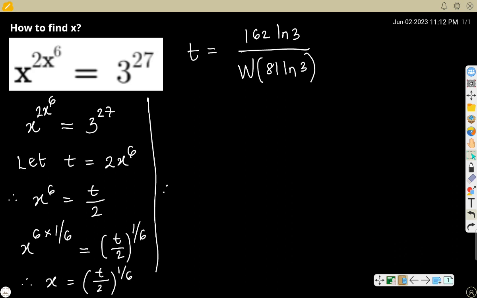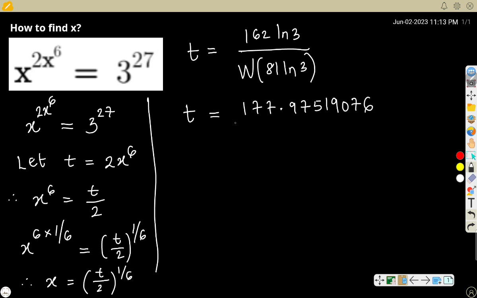But how can we get the T in number? So you press your calculator. So T is equal to, now what is 162 ln 3? If you press ln 3 times 162, so 162 ln 3, that is 177.97519076.